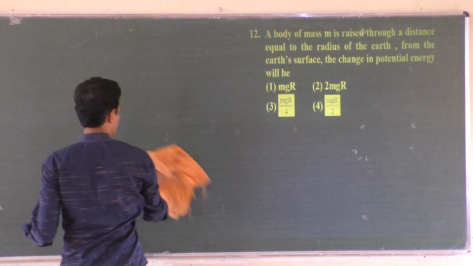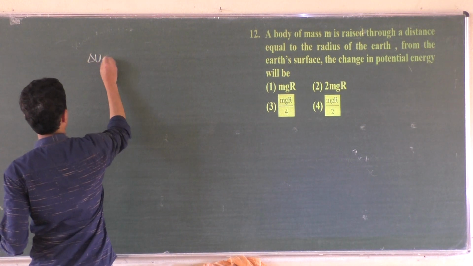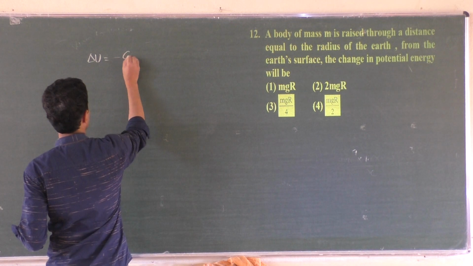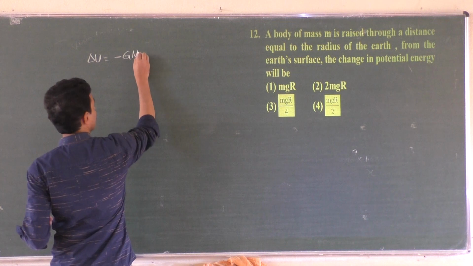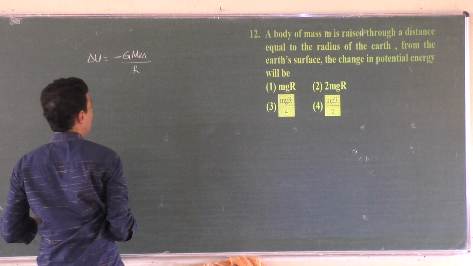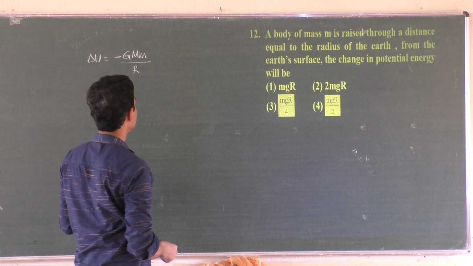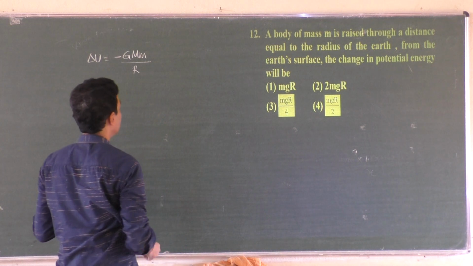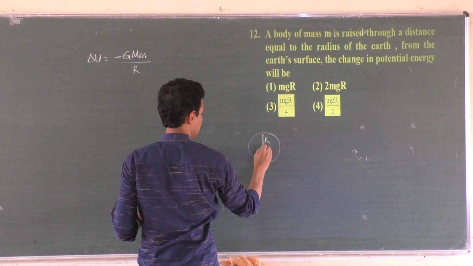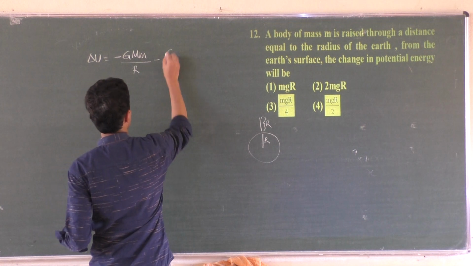Now when the body is on the surface of the earth, so delta U I have to calculate. When it is on the surface of the earth, what is the potential energy? Minus G M m by R, for a body of mass m, radius R. And when it is raised to a height equal to the radius of the earth, then the new distance from the center, when you raise it through a distance R again, is 2R.